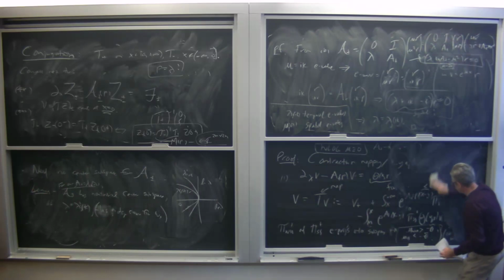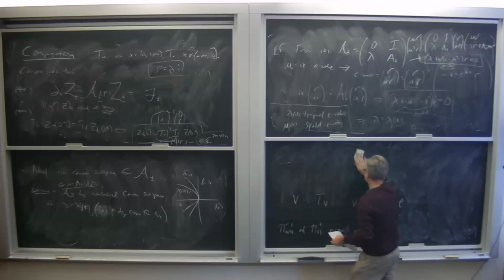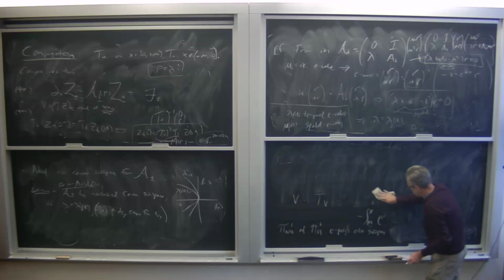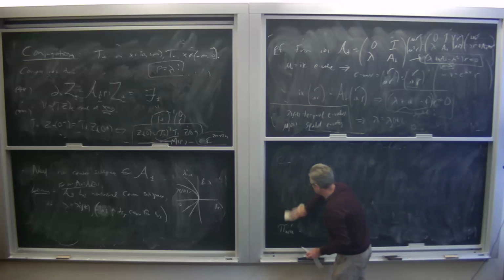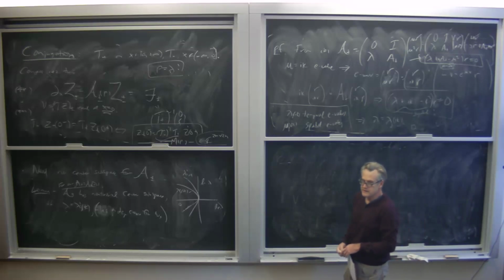We'll do it much the same as we did in the gap lemma proof, but now you'll see it's not a contraction mapping. It's just a linear system.